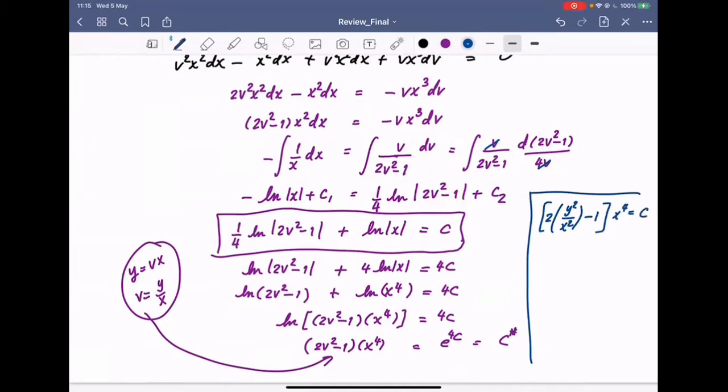Oh no, sorry, you expand x to the 4th power inside the parentheses. So you get 2x squared y squared minus x to the 4th power equal to constant c, and then you pull out x squared.